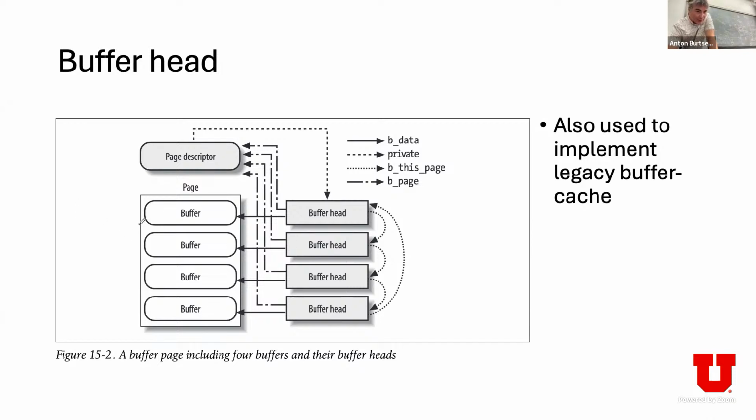You split the page into individual buffer heads, and they mark only one of them as dirty. A page descriptor will have a pointer to the beginning of this buffer head list. Then you quickly scan which ones are dirty, maybe a couple of them, and you only write those back.